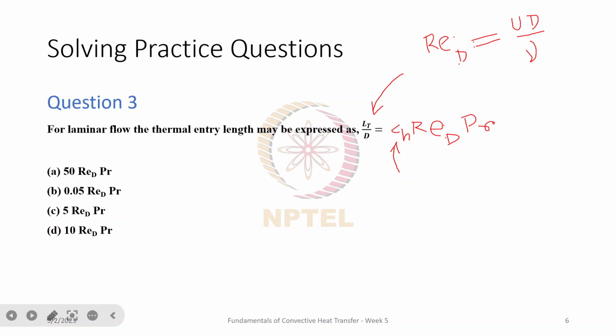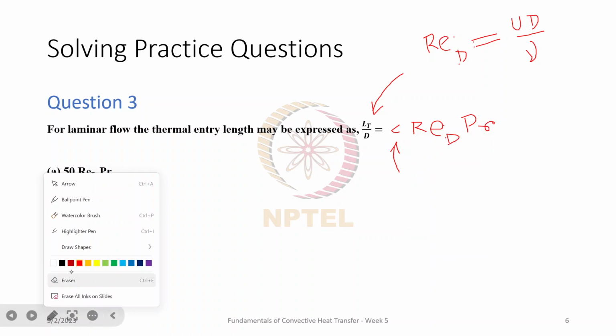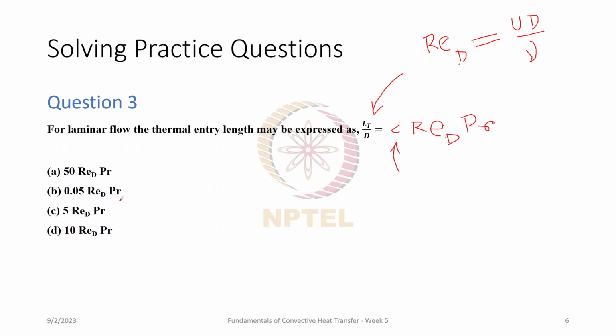It won't be H here. This is talking about thermal entry length, so this will be CT. The value of this CT is what we are looking for here. Is it 50? Is it 0.05? Is it 5? Or is it 10? We have one response in favor of option B, that is 0.05. Okay, so let's see what others have to say.